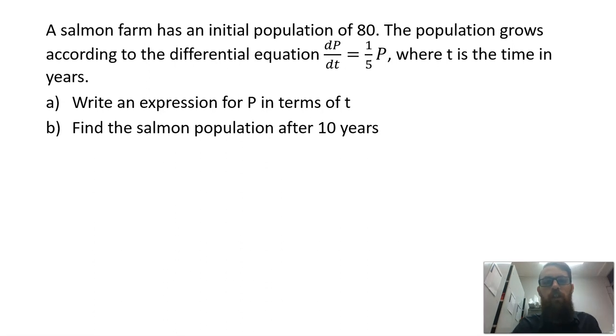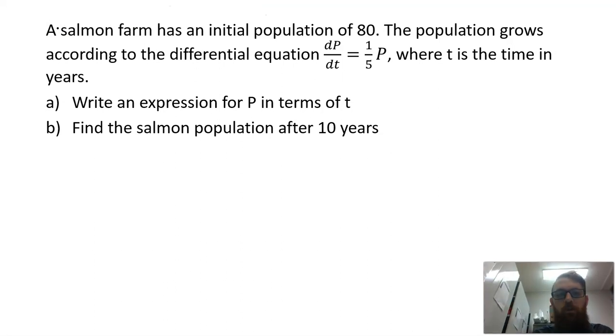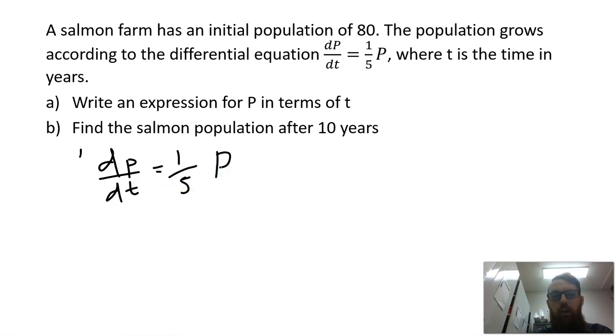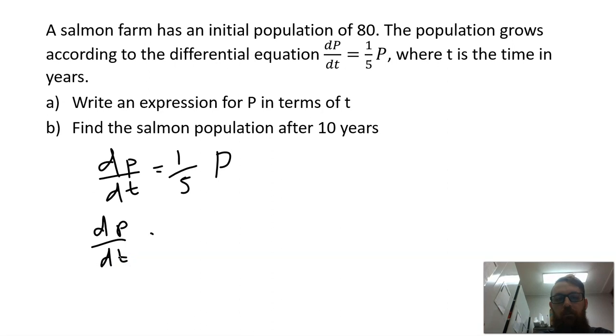The first thing we want to do is write an expression for p in terms of t. I'm going to write out dp by dt equals 1/5 p. With separable differential equations, we can bring a dt to the other side and do the same to the other side.